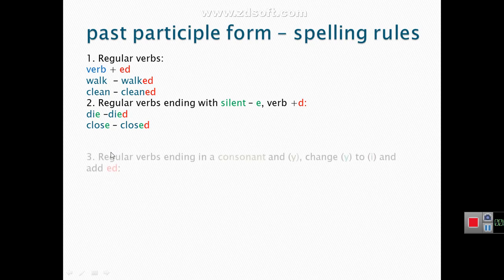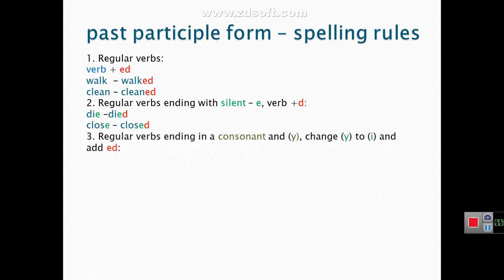What about the third one? If the regular verb ends in a consonant, you know the consonant and vowel, if it is consonant and y, I am going to change y to i and add ed.